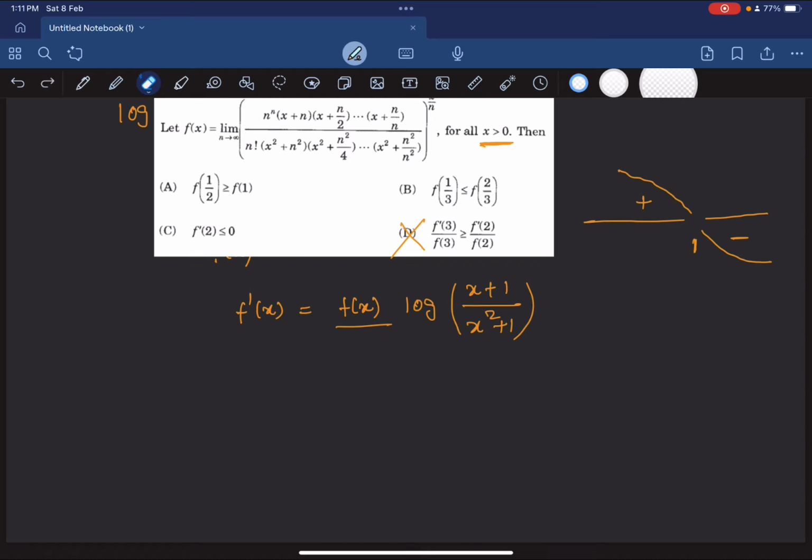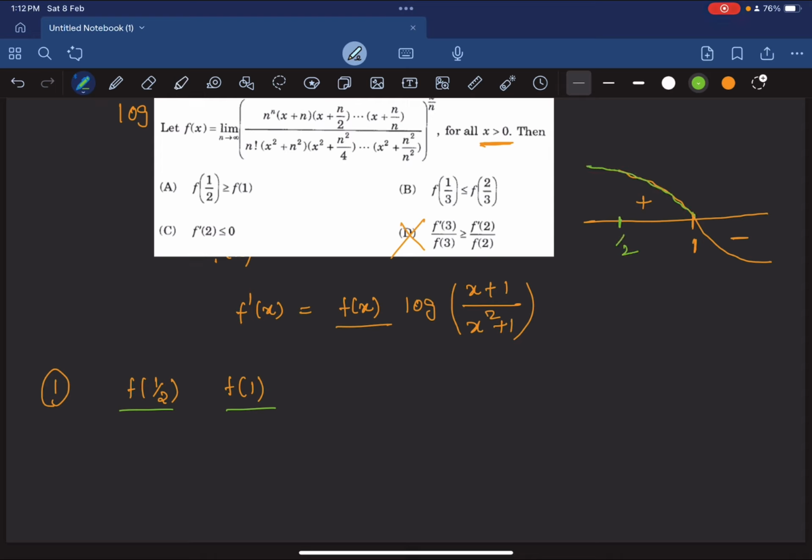Now let us verify the options. First option is f(1/2) and f(1). We have to compare these two. 1/2 lies here and 1 lies here. So 1/2 and 1 both lie in this particular region.